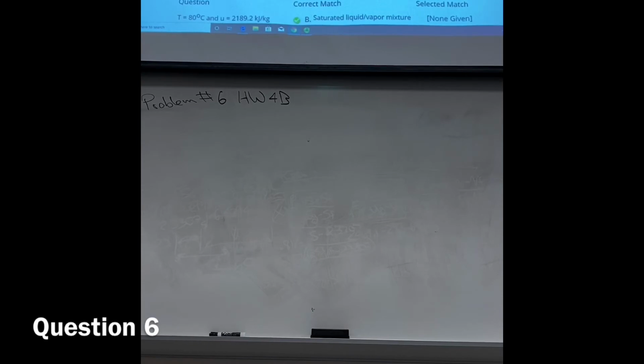So I look for an enthalpy between the two values, and this HFG is just the difference, so I have to skip over the one in the middle. My 2014 is between those two values, so it's a saturated liquid vapor mixture. So if it's in between values, saturated liquid vapor. Yes. Okay.